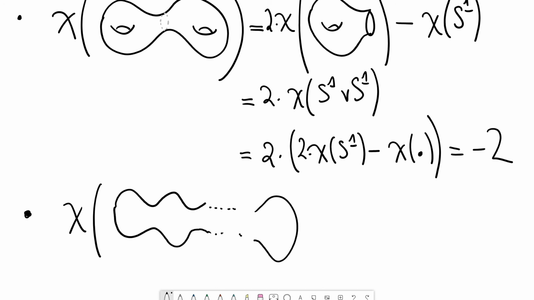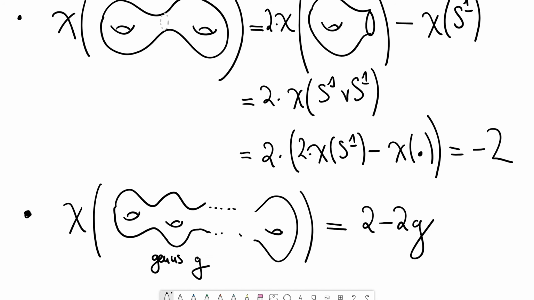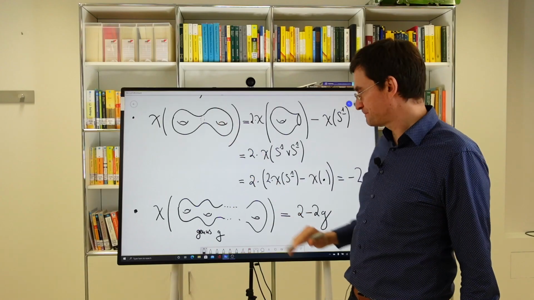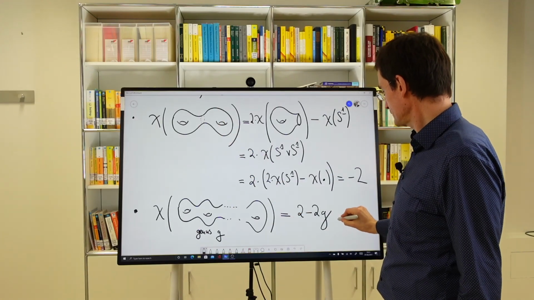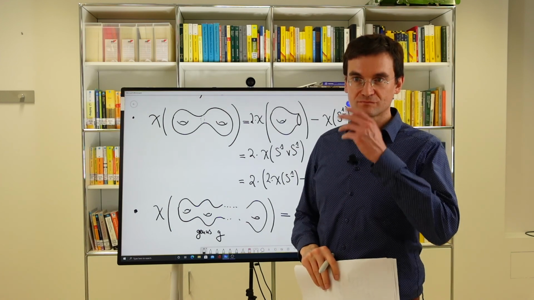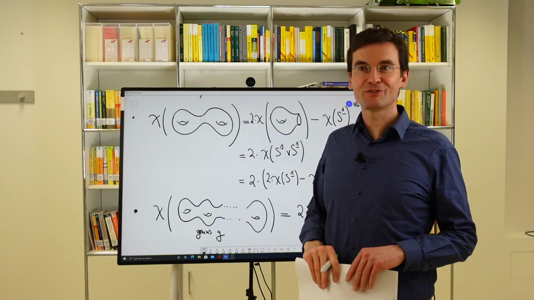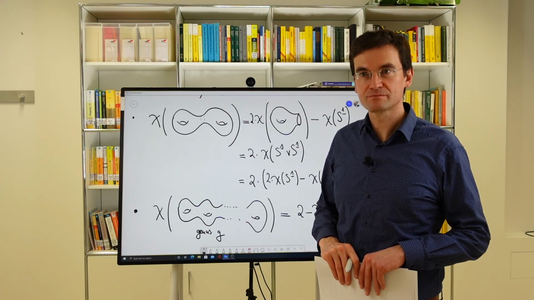We have a genus g surface, meaning that we have g many holes, and then the Euler characteristic is 2 minus 2g. In particular, starting with genus 2, it is negative. And the formula also holds for g equals 0. The Euler characteristic of the two-sphere is 2, which is the Euler formula with which we started.